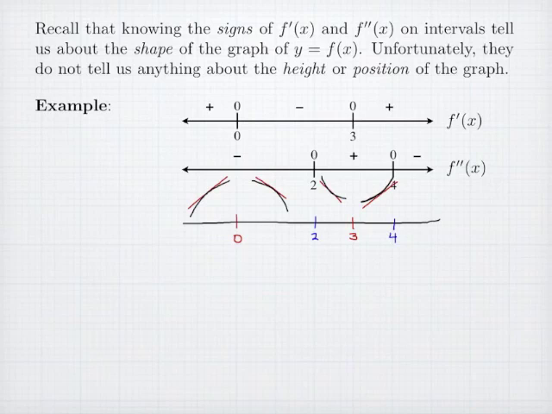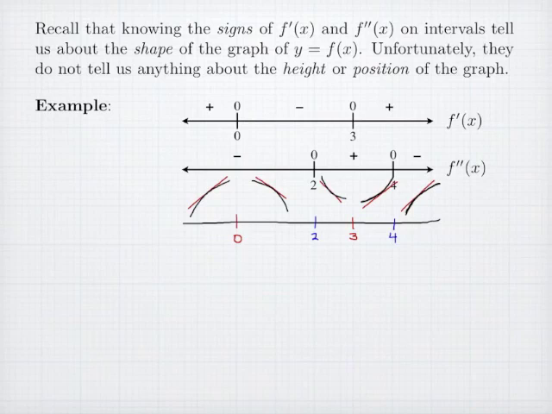And after 4, I'm still increasing, but I'm concave down. In order to graph my overall function, I'm going to have to attach these different shapes in different regions.